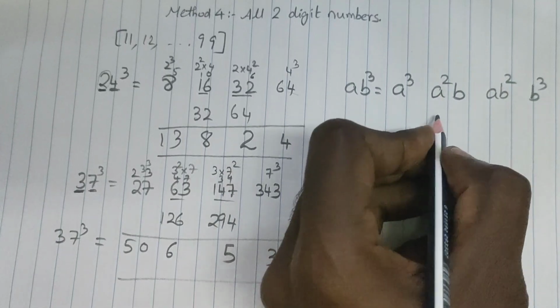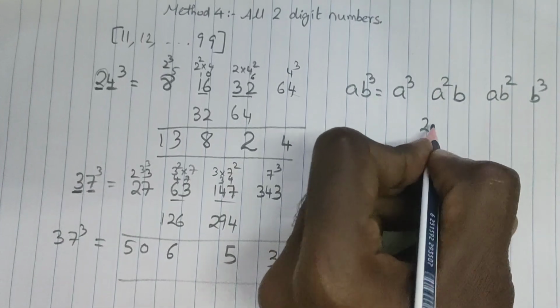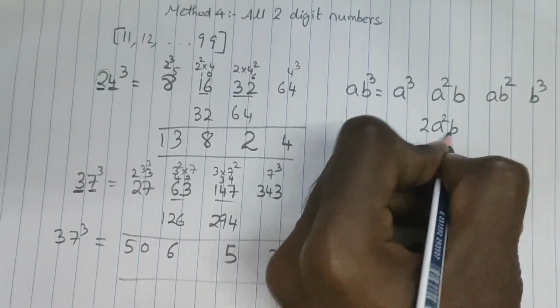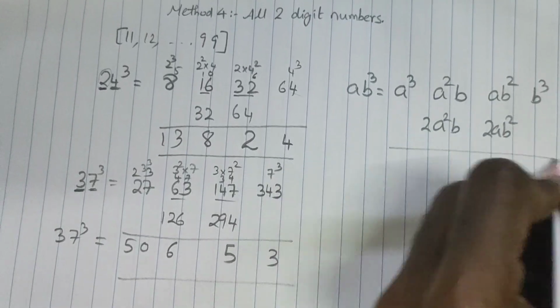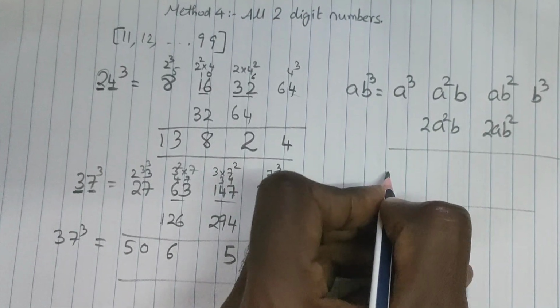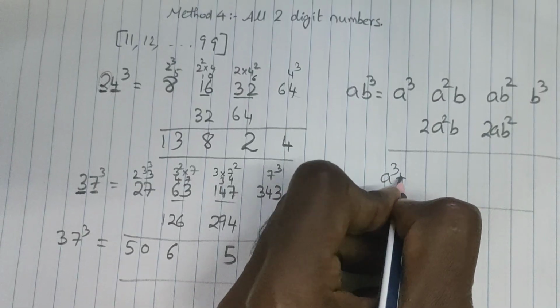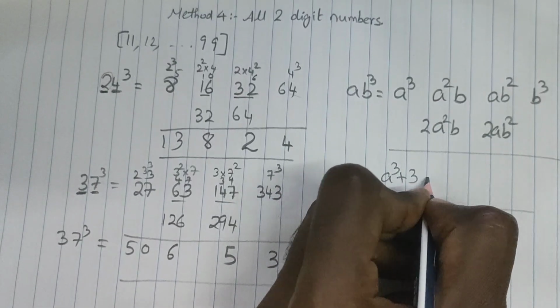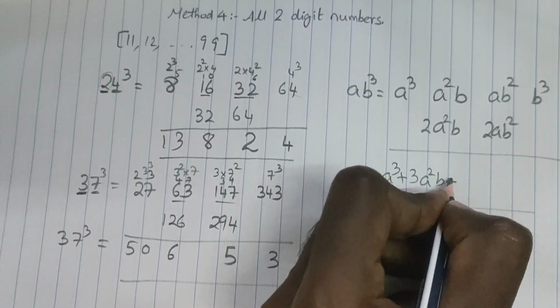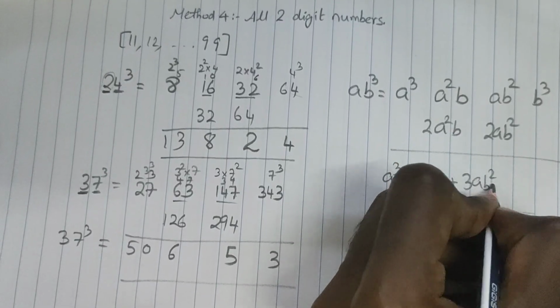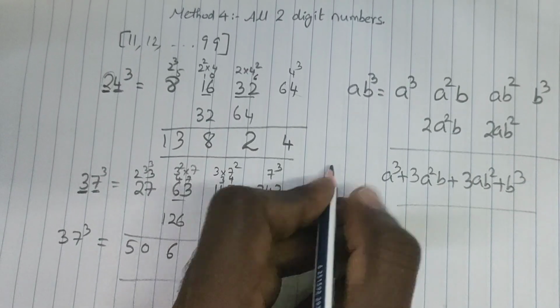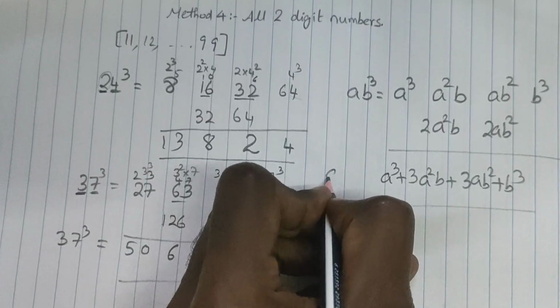Then we double the middle numbers, that is 2 times a square b and 2 times a b square, and finally we add these numbers. So it will be a cube plus 3 times a square b plus 3 times a b square plus b cube. So it is similar to the (a plus b) cube formula.